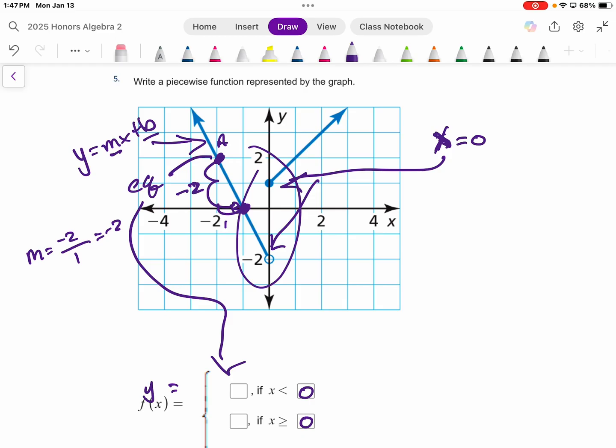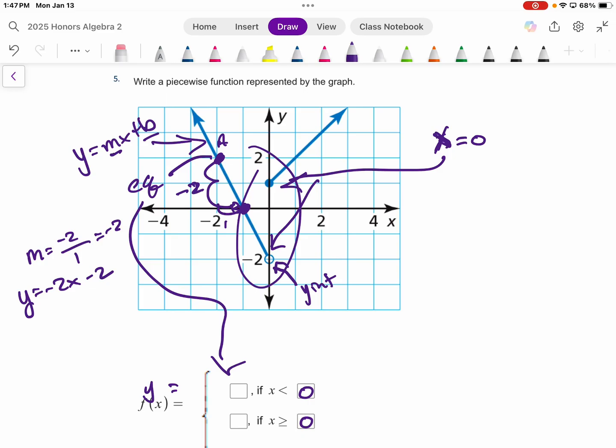So as I start my equation for that line, it's y equals negative 2x. Now I've got to find the y-intercept. Well, where is that line sort of supposed to be hypothetically crossing the y-axis? There's the y-intercept. So it happens to be a minus 2 is the b value.